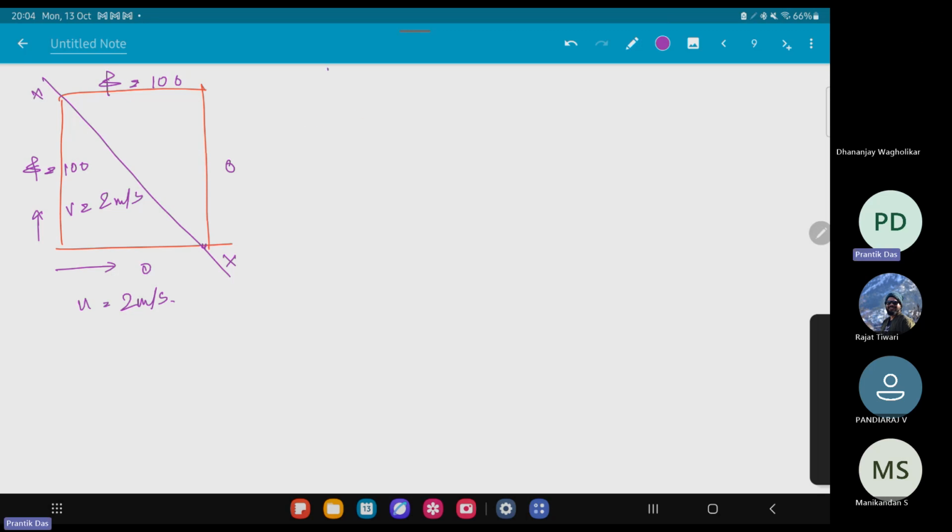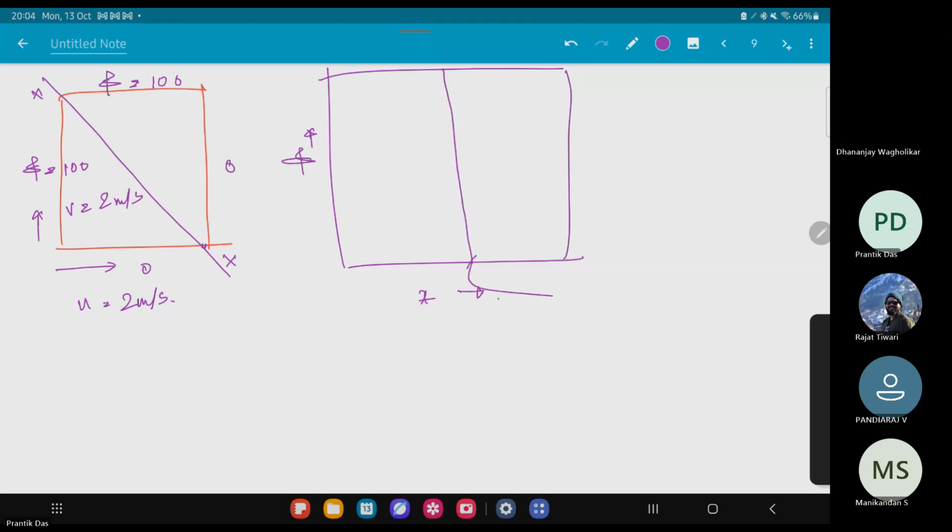I want to plot the profile of phi along this x itself. So this one is phi, this one is x. Typically it should be like a step input, which is root 2 times the domain length. Root 2 divided by 2 multiplied by L is basically L divided by root 2, 0.707.